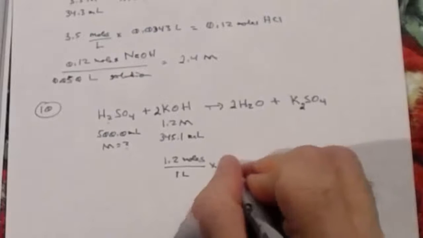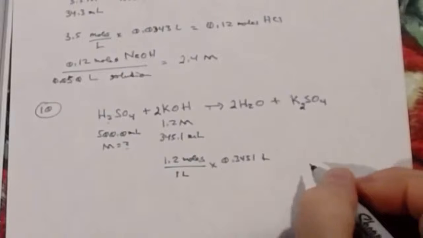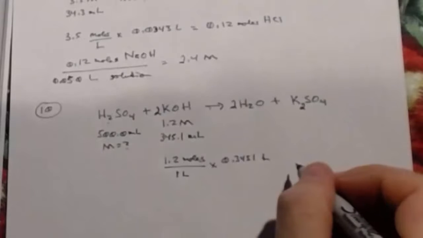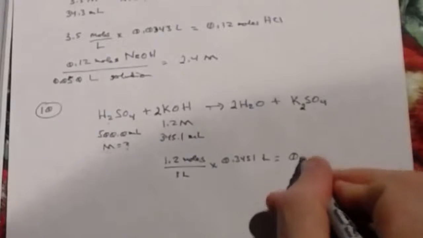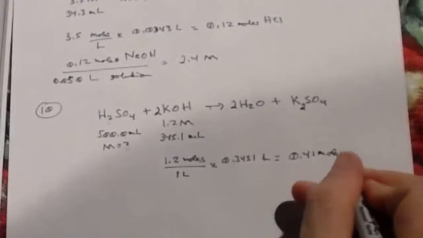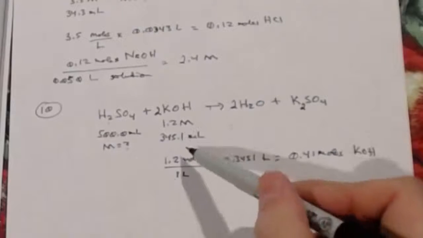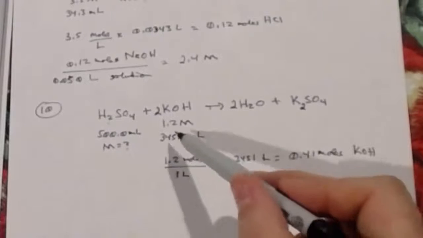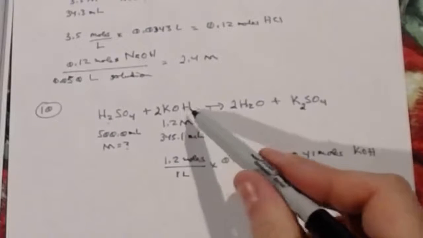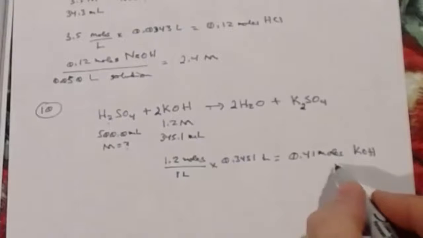In this case, we used 0.3451 liters. And that math comes out to be 0.41 moles of potassium hydroxide. So when we use 345.1 milliliters of a 1.2 molar potassium hydroxide, we have in effect used 0.41 moles of potassium hydroxide.